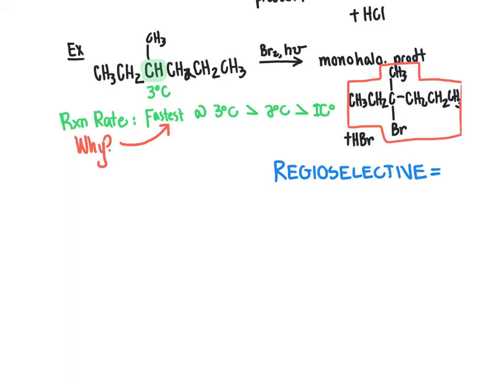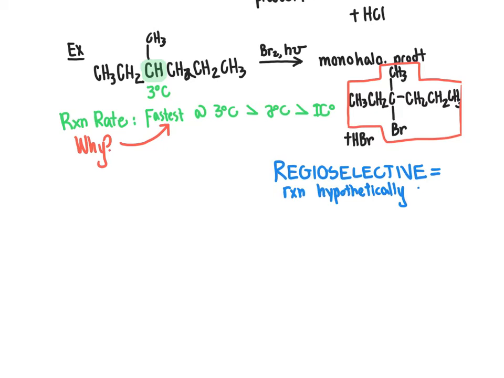So regioselective indicates that the reaction hypothetically could yield multiple constitutional isomer products, but in actuality, one of those is preferred over others.